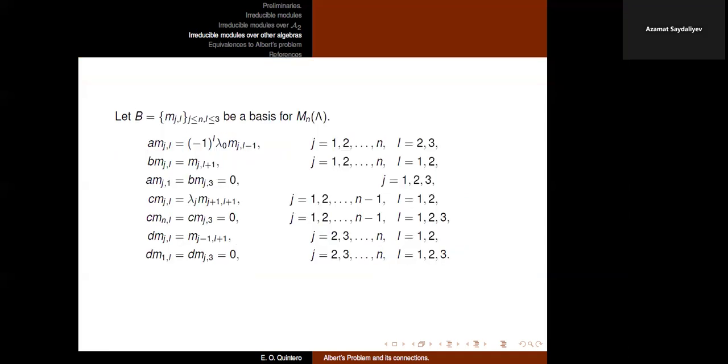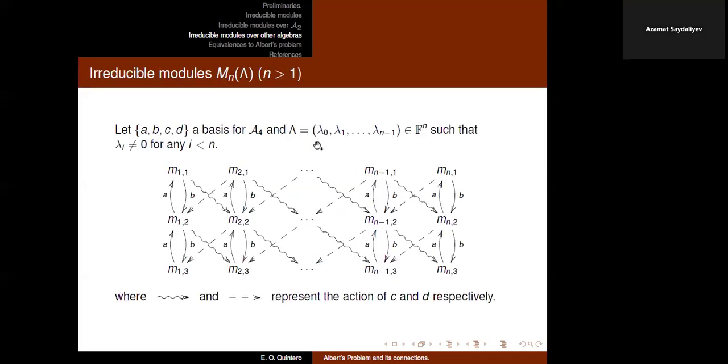Here we have the algebraic structure of that module. It's interesting that we have n parameters for this module, all of them being different to 0 to be irreducible.